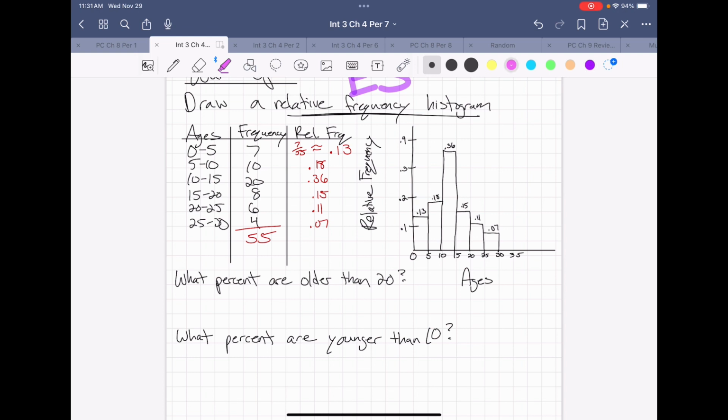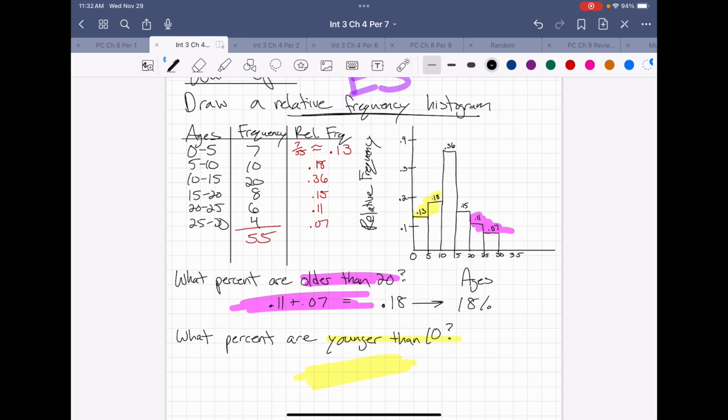So older than 20, here's 20. These two numbers added up. Younger than 10, here's 10. These two numbers added up. And they want it as a percent, so 18%.